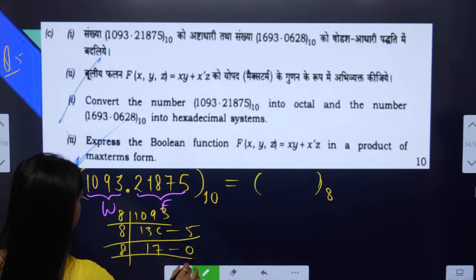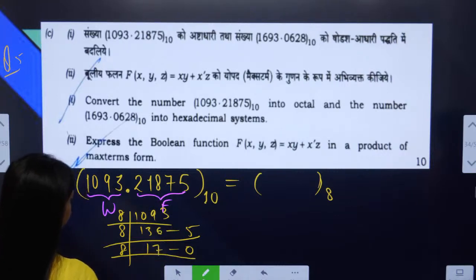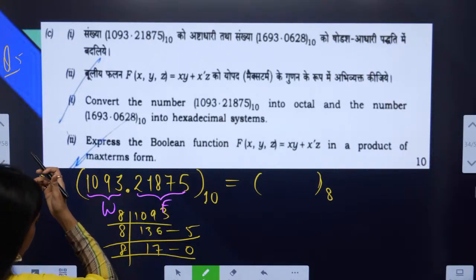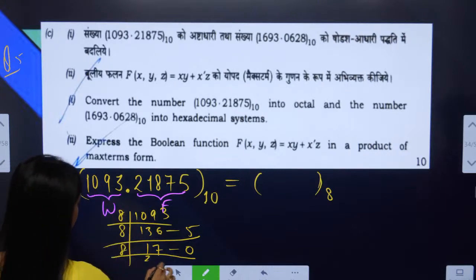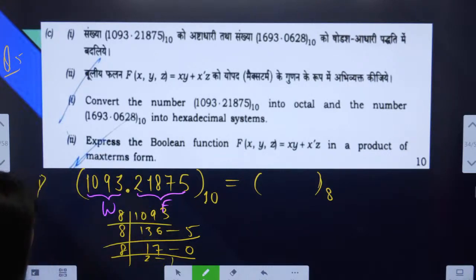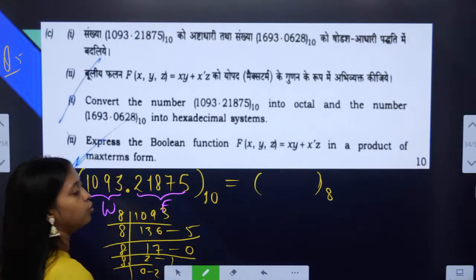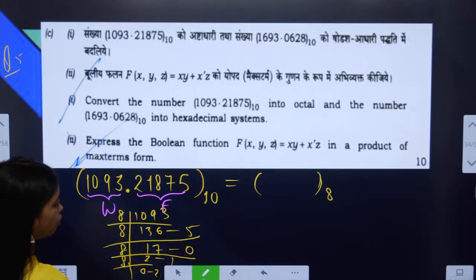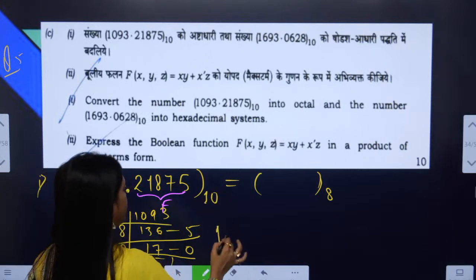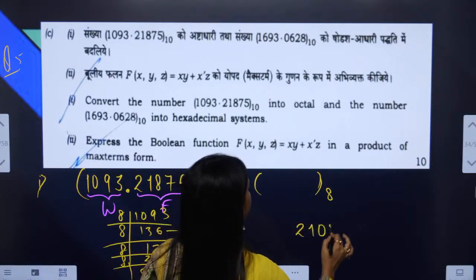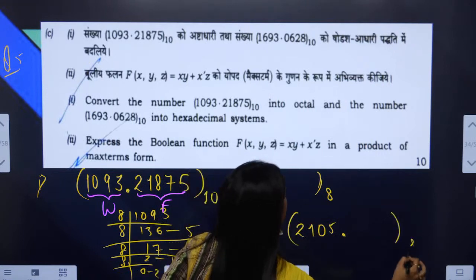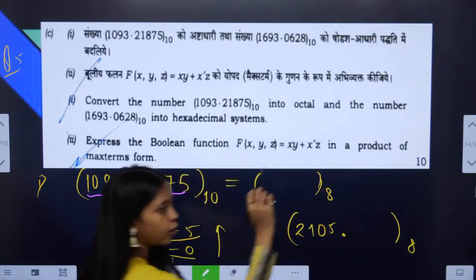With 8, the quotient is 2, remainder 1, and with 8, 0 and 2. So you are getting nothing out of the last division. So just these 5, 0, 1, 2 are required, in the upward direction. So 2, 1, 0, 5. This is the whole part for base 8.